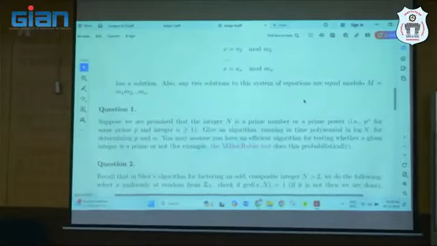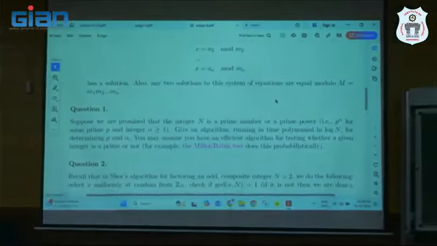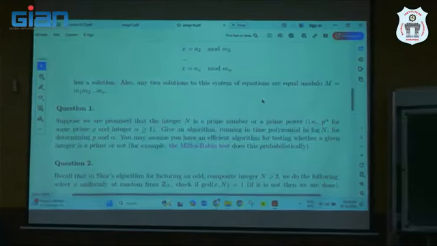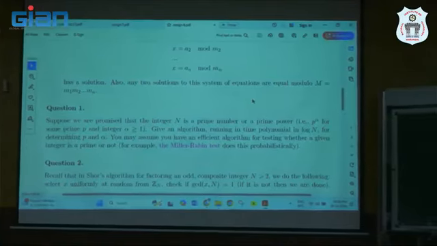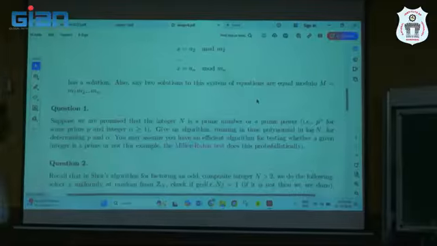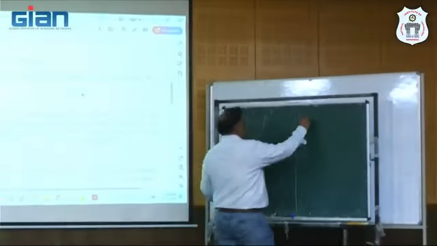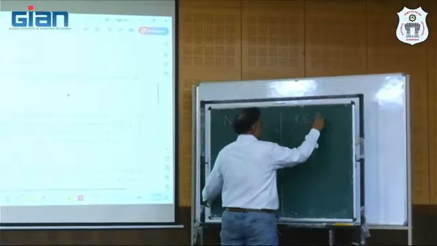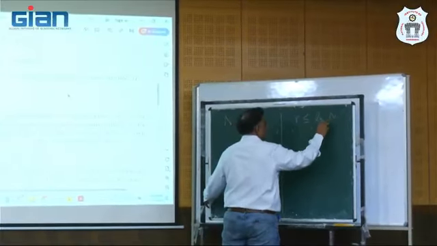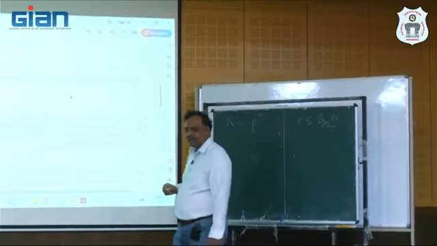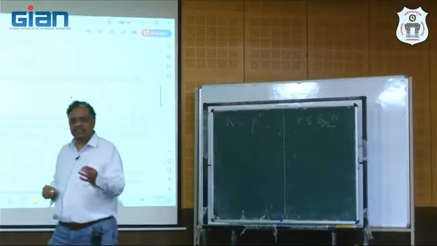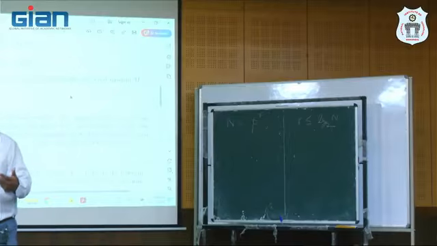R can be at most log n, because P is at least 2, it is a prime.